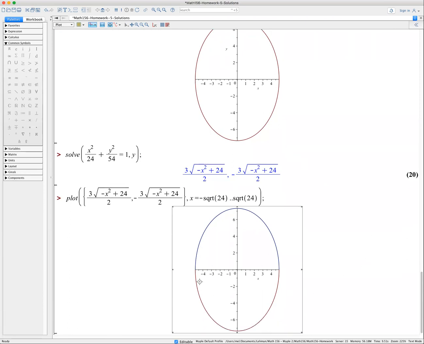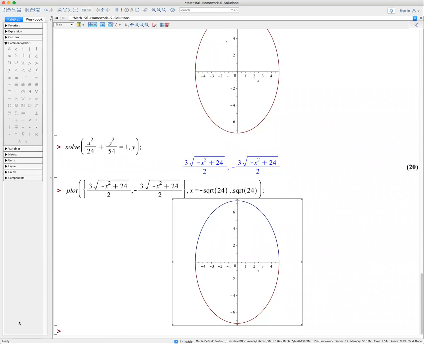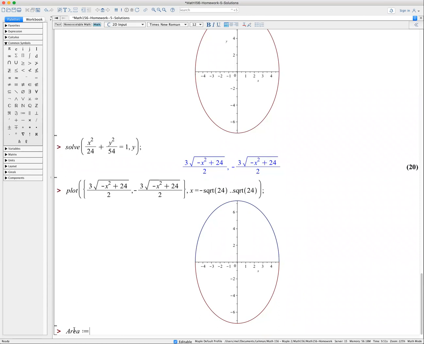Now, this is the top of the curve, this function. Minus is the bottom of the curve. What is the area? The area between two curves is the integral from the top, so the integral of this function, sorry, from here to here of this minus this.